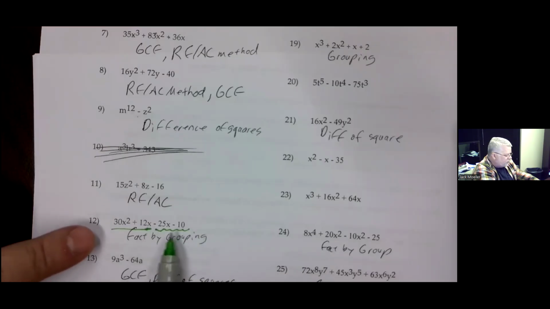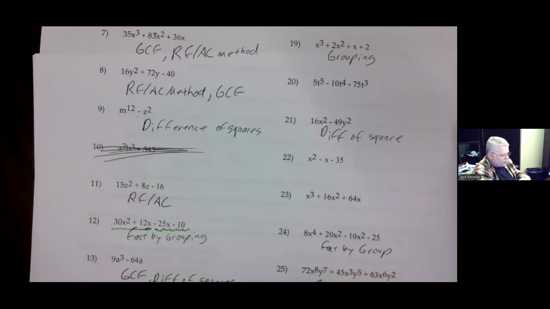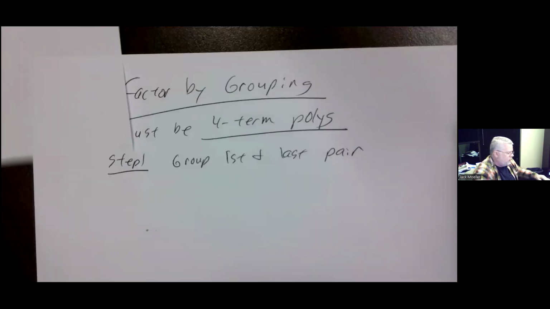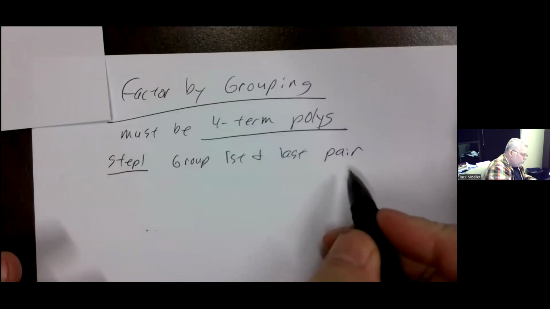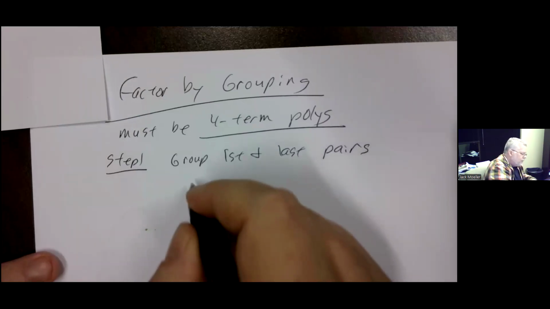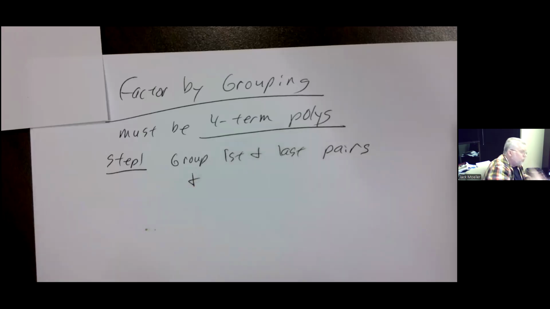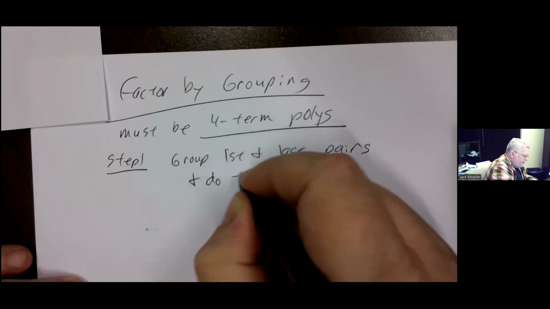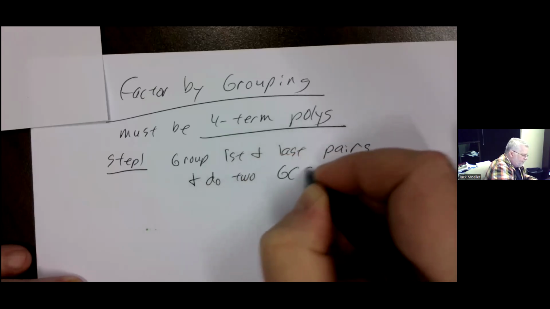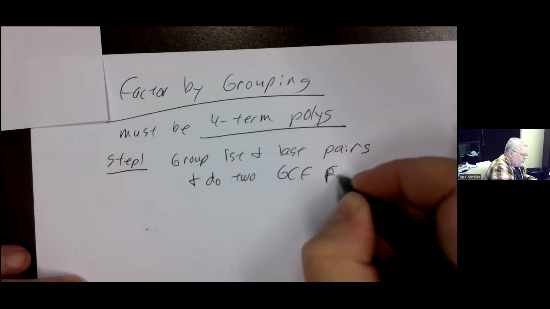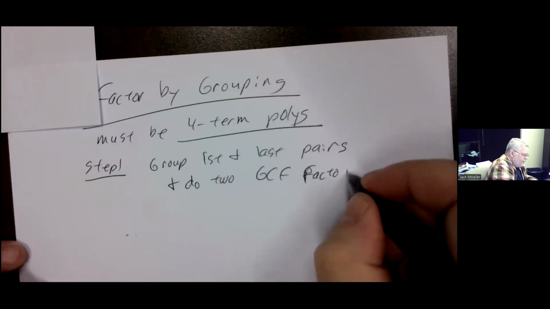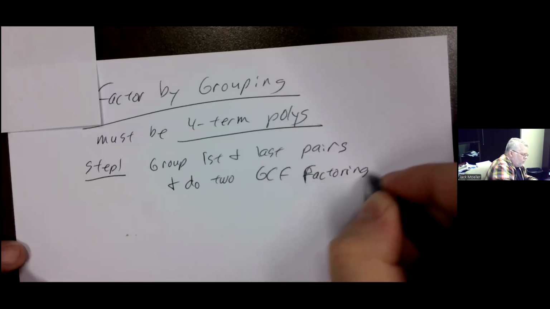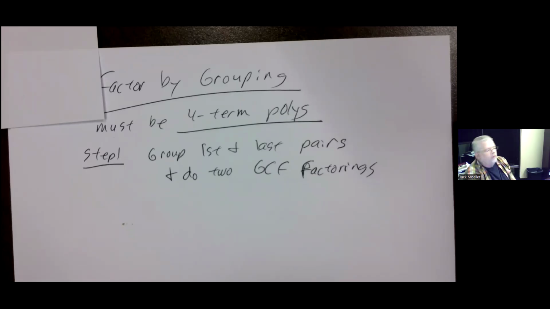But the first thing you do is look at the first pair and the last pair, and the reason we're looking at the pairs is to group the first and last pairs and do a GCF problem. Do 2 GCF factors. So on that first pair, we're going to factor out a GCF.